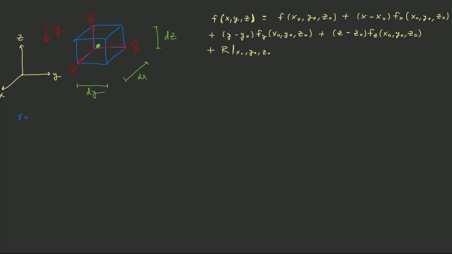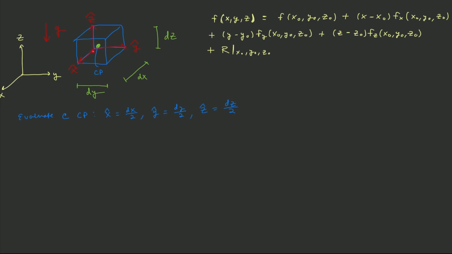So we're going to evaluate at this center point right here, which we'll call center point, CP. So we evaluate at CP, which is x hat equals dx over 2, y hat equals dy over 2, and z hat is equal to dz over 2, because that center point CP is right in the middle of that cube, and our local coordinate system x hat, y hat, and z hat is drawn such that it is originated at the innermost bottom vertex of this cube right here.